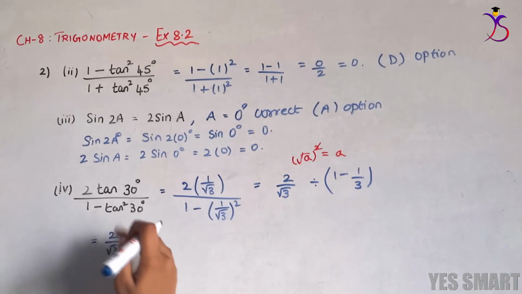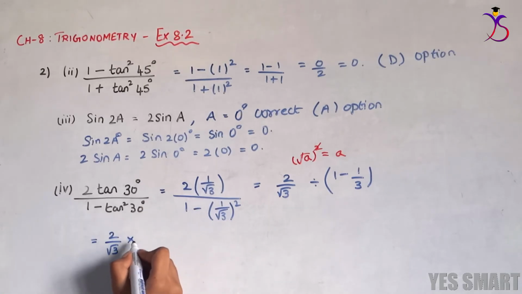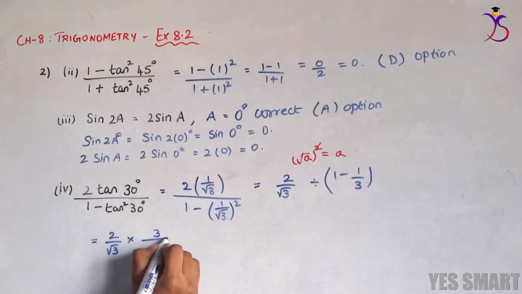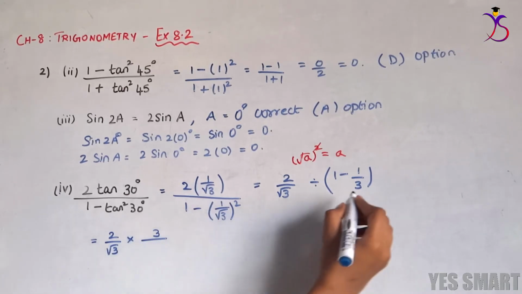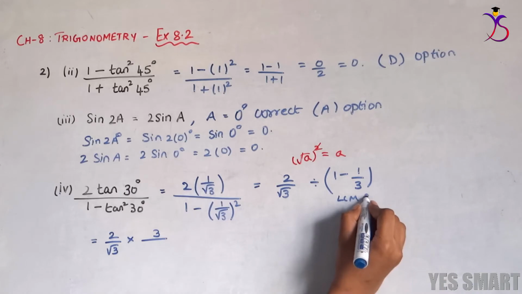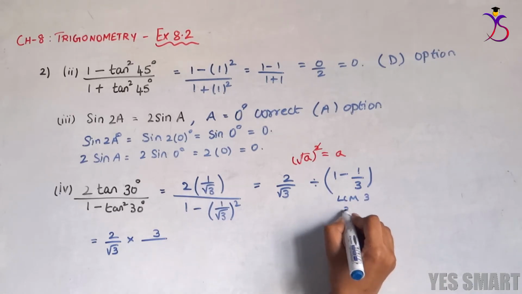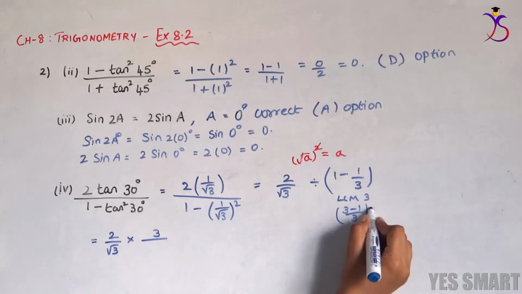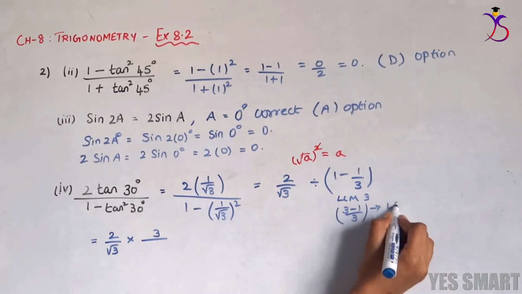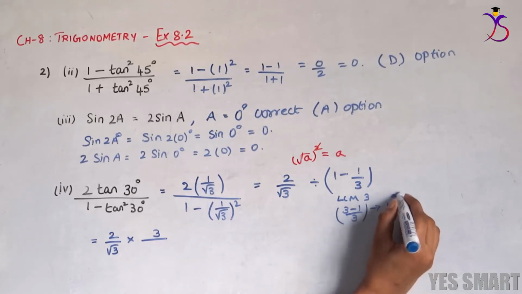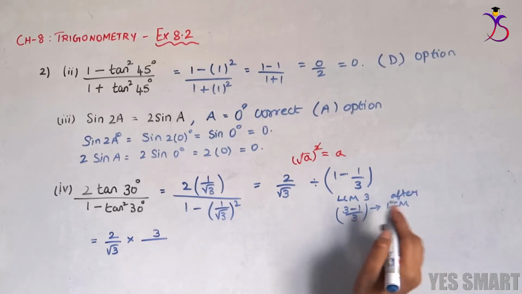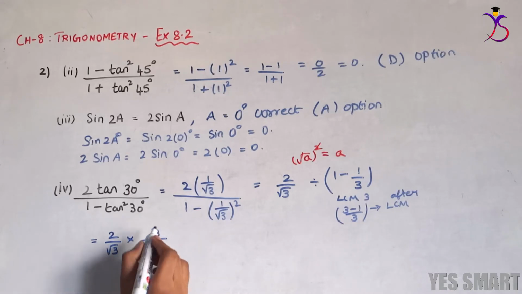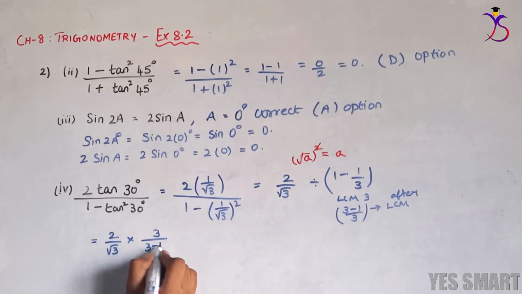Therefore into 3 by, we are just taking the LCM here. The LCM is 3. On taking LCM, it becomes 3 minus 1 by 3. So this will be the fraction after LCM. When I reciprocate it, I'll get 3 by 3 minus 1.